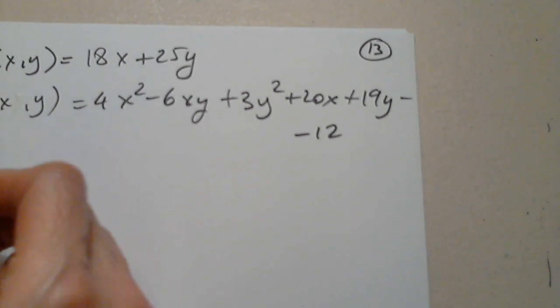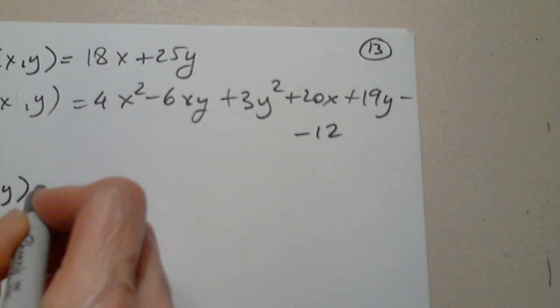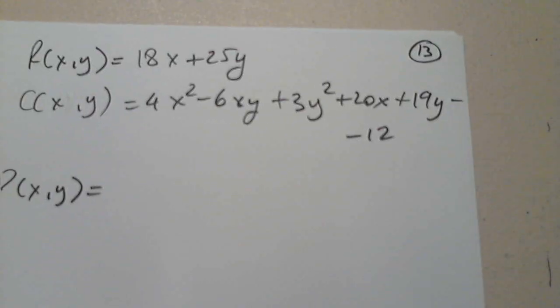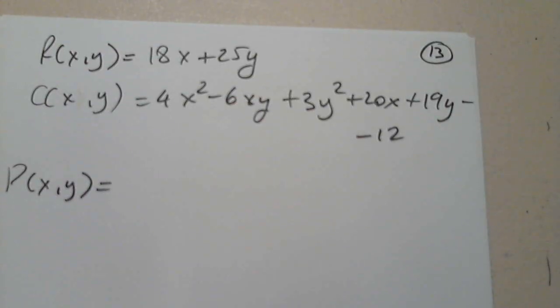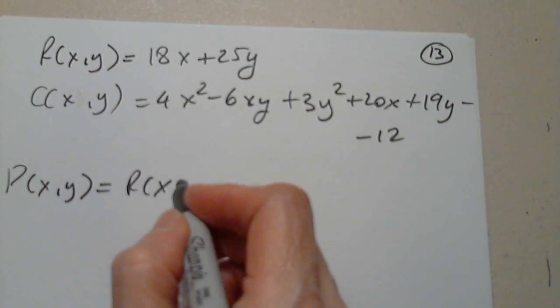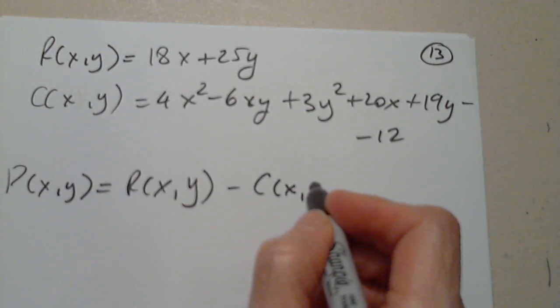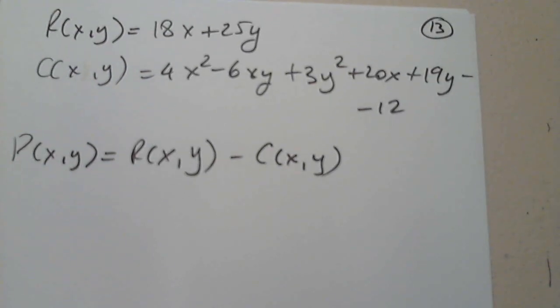Good, so first of all, we have to create the profit function. We don't have the profit function. They're giving us the revenue, they're giving us the cost, but they're not giving us the profit. And we know that this is the revenue minus the total cost. Please remember to subtract everything from the cost function.